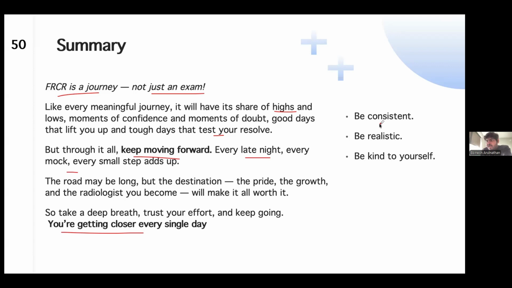But once it became a reality, I realized I was getting closer to it every day. So every single day, every single effort, you are closer than you were before. So be consistent, be realistic, and be kind to yourself, because this is a journey and you'll have to be patient with yourself. It takes time, right?